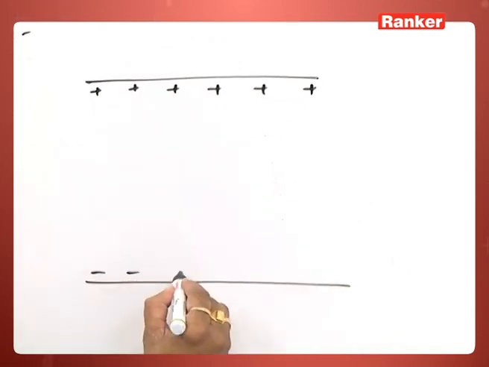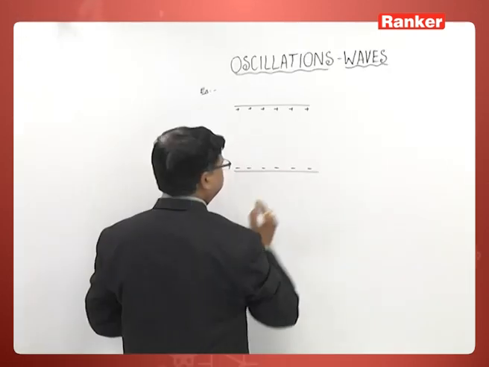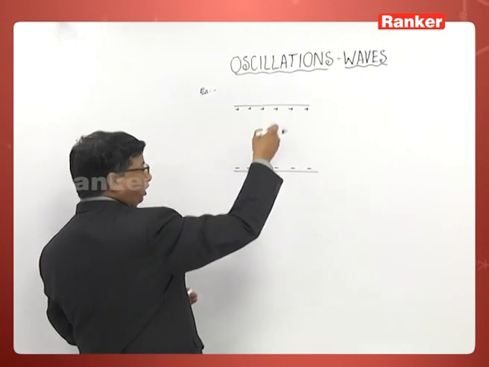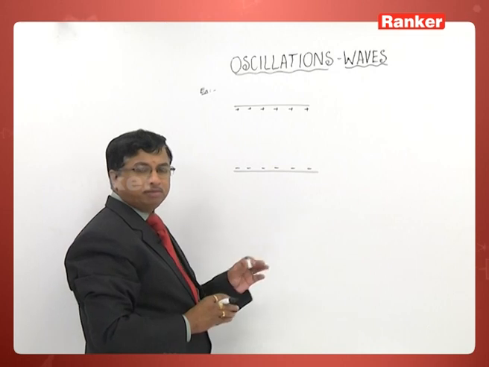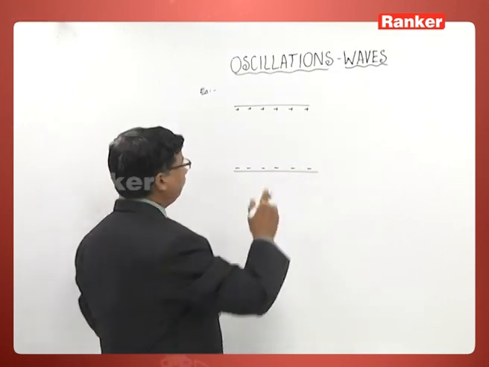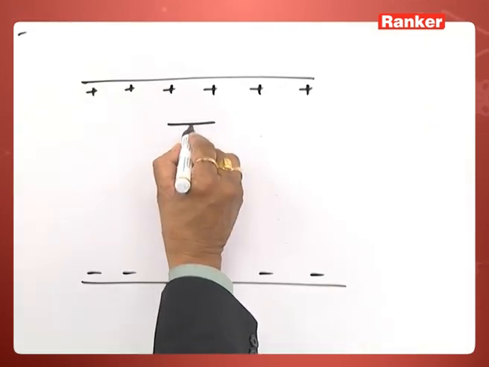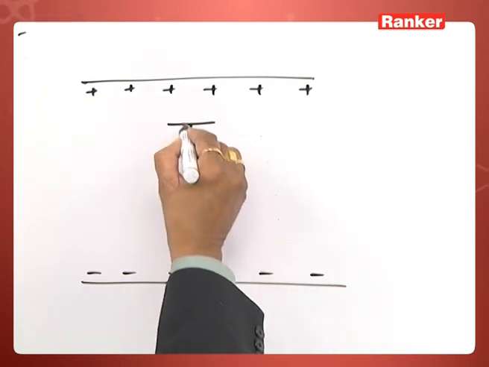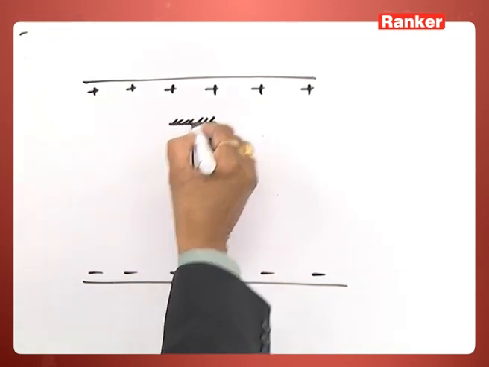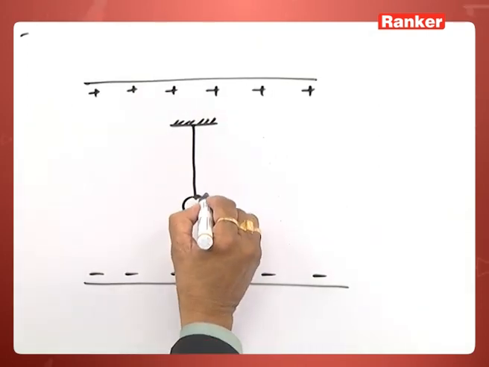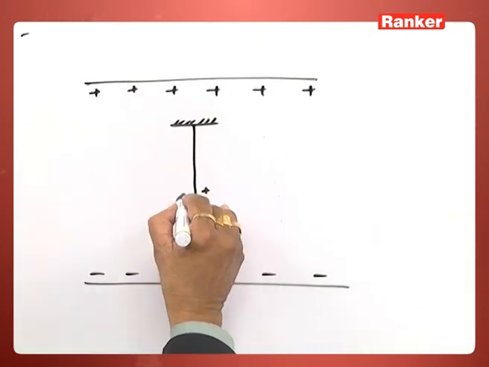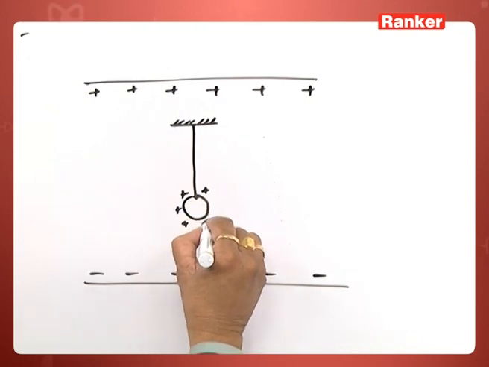This plate has negative charge on it. Simply speaking, I have applied a uniform electric field between these two parallel plates. A simple pendulum is now made to oscillate simple harmonically between the plates, giving positive charge to the bob.